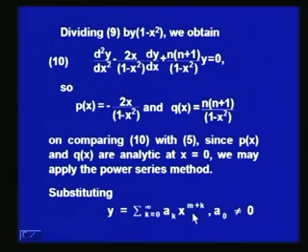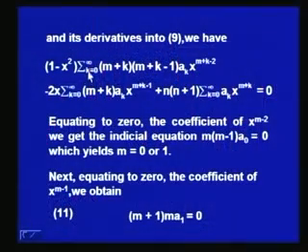Let us put y = Σ (k = 0 to ∞) a_k x^(m+k), where we assume that a0 is not equal to 0, in equation number 9, along with the values of the derivatives of y. We will have (1 − x²) Σ (m + k)(m + k − 1) a_k x^(m+k−2).